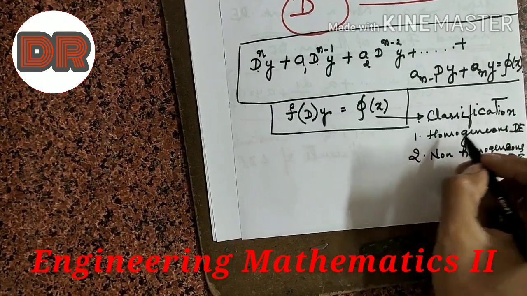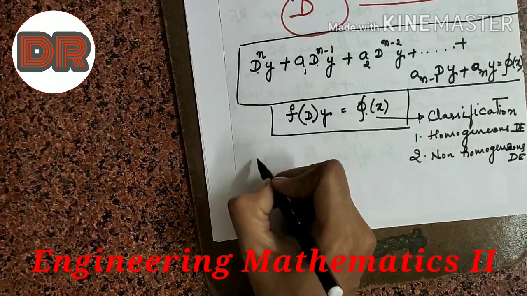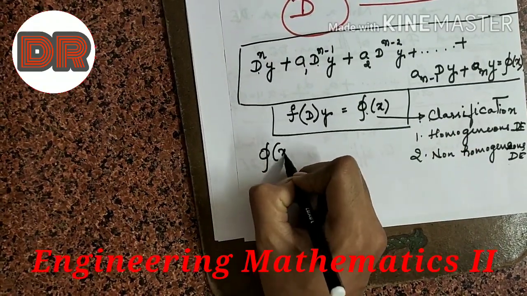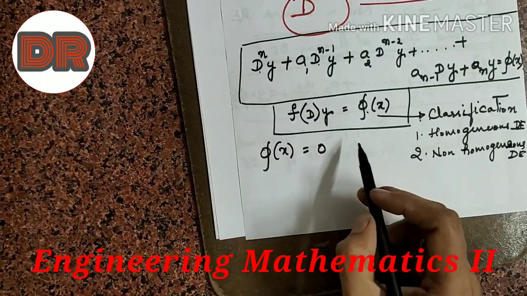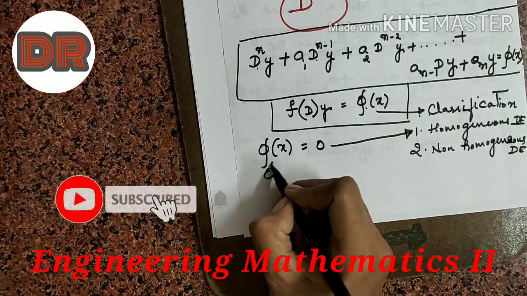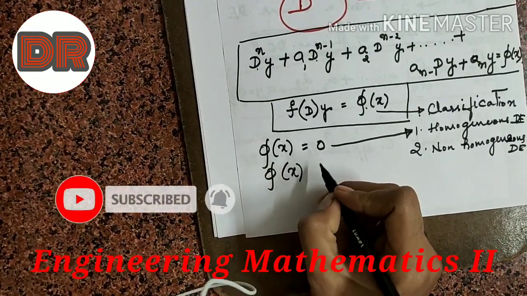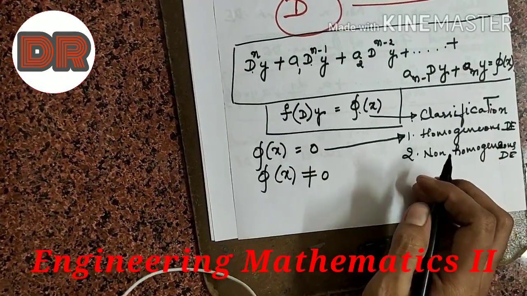What is a homogeneous differential equation? That depends on the value of phi of x. If phi of x is equal to 0, then we call it a homogeneous differential equation. If phi of x is not equal to 0, any other value, then we call it a non-homogeneous differential equation.